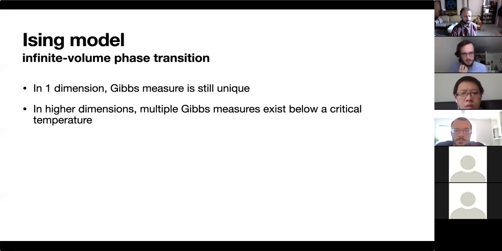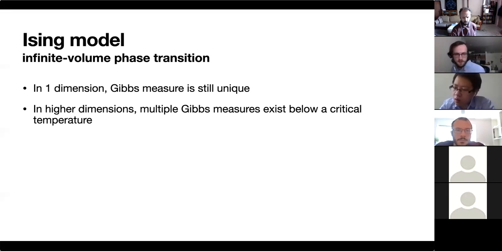In one dimension, the Gibbs measure is actually still unique. This was shown by Ising in his thesis in a different framework. I don't think he had conditional expectation given a sigma algebra, but he showed the 1920s analog of this result at least. He incorrectly guessed that it was still going to be unique in higher dimensions, but it turns out that luckily, I guess, he wasn't right.